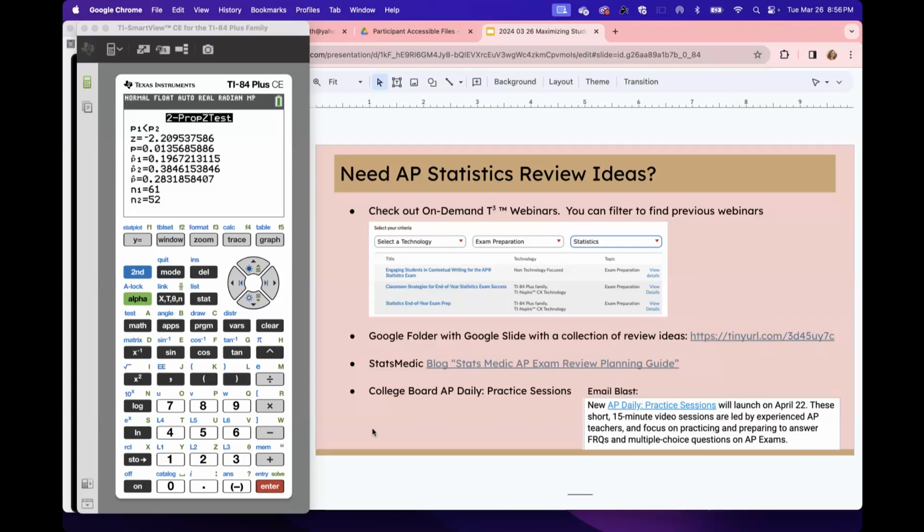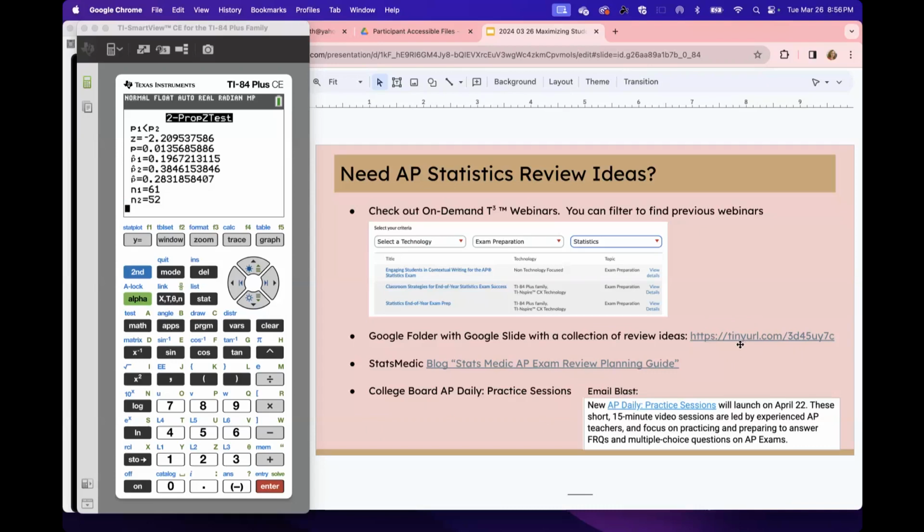I also have a Google folder that has a slide, which is a collection of review ideas. I created it like this slide for a TI webinar, and it literally just says, hey, try this, number 1, number 2, and lists a bunch of possibilities. So when you go to that tiny URL, that will get you to the folder.